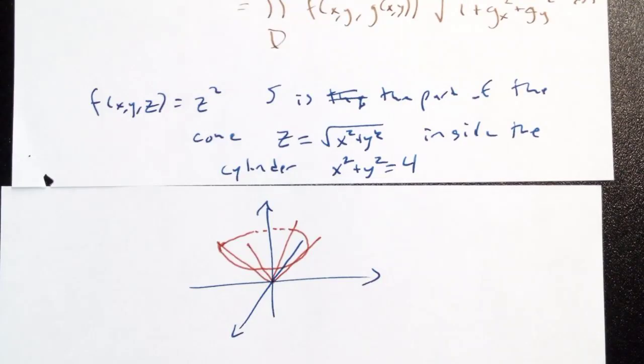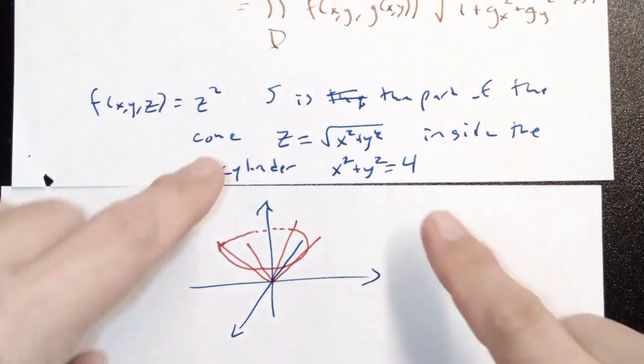But I only want part of this cone. I want the part inside the cylinder x squared plus y squared equals 4. So I cut this off. Where? Where it intersects with the cylinder. So the cylinder intersects with the cone. That's going to happen where those two things are equal.